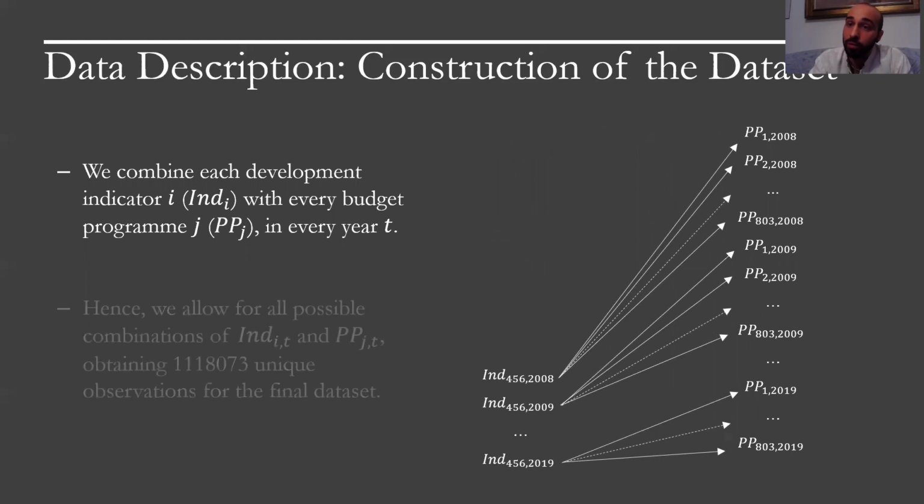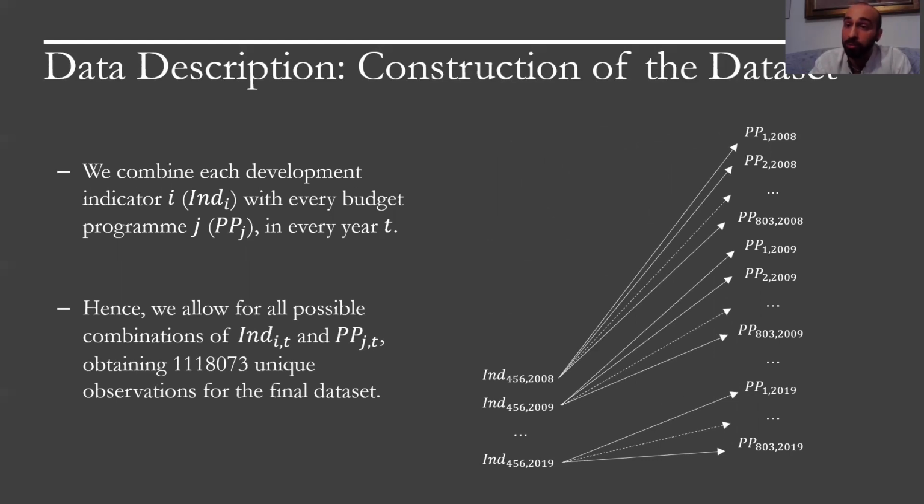So as you can see, we are allowing for all possible combinations of development indicators and budget programs. Now, after additional cleaning, we obtain a final dataset with 1,118,073 unique observations that we are going to exploit in the following analysis.